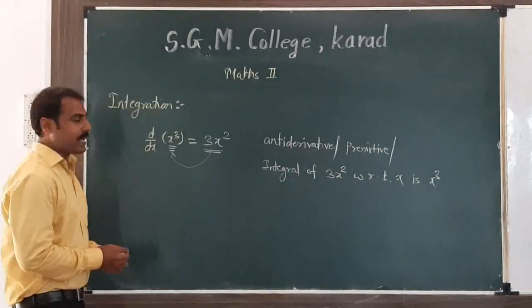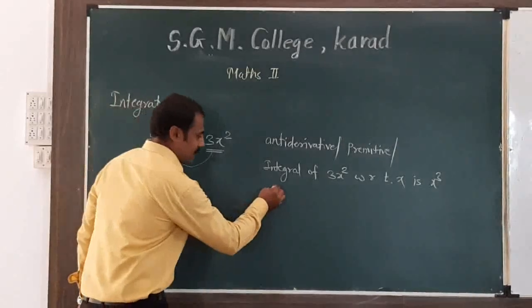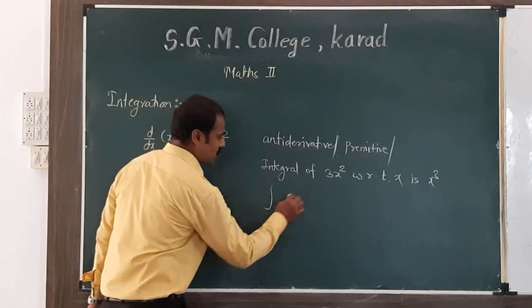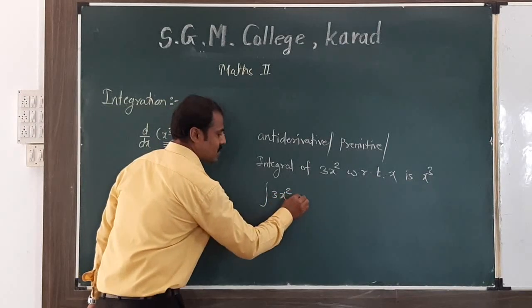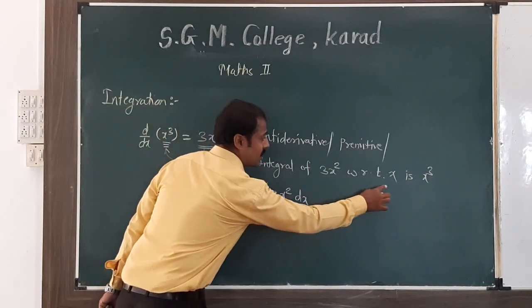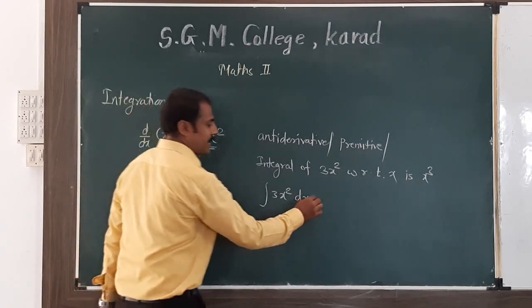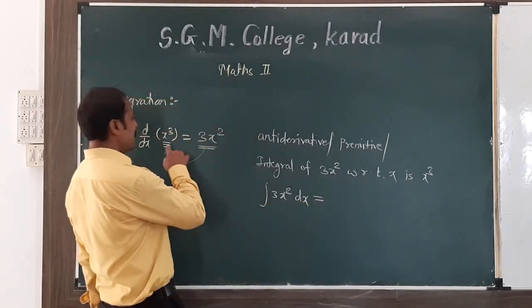Symbolically we can write the symbol for integration, integral of which function? 3x square. The integration is done with respect to x, so write dx. Integration of 3x square dx is equal to what? x cube.